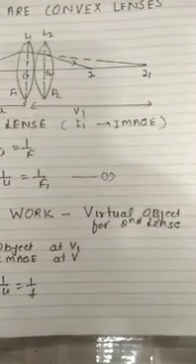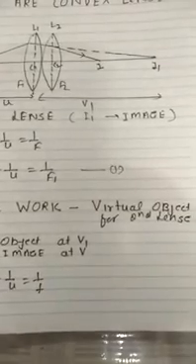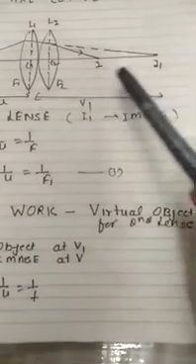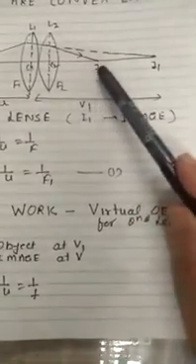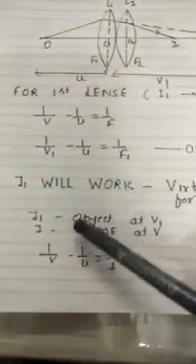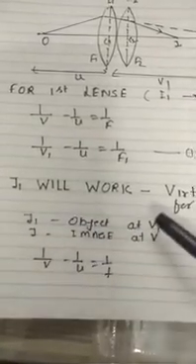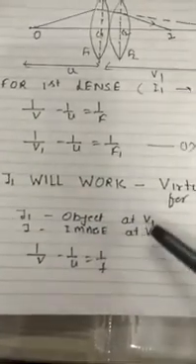So for L2, what is the object distance? This is V1, the object distance, and the image distance is V. For the L2 lens, I1 is the object and I is the image.